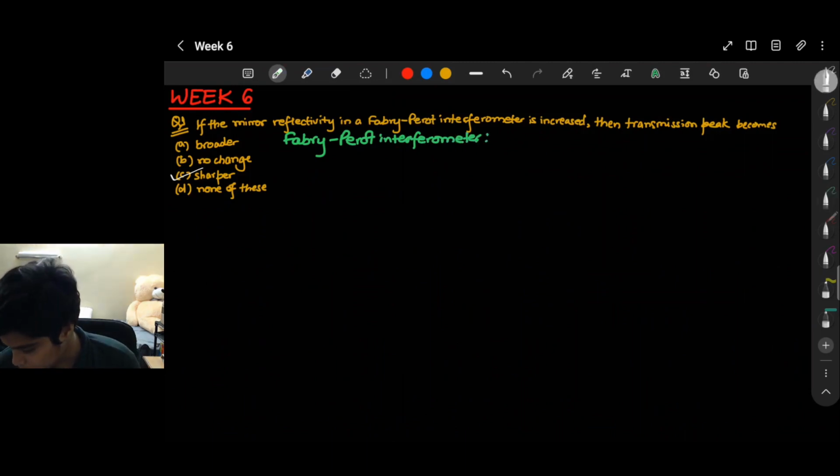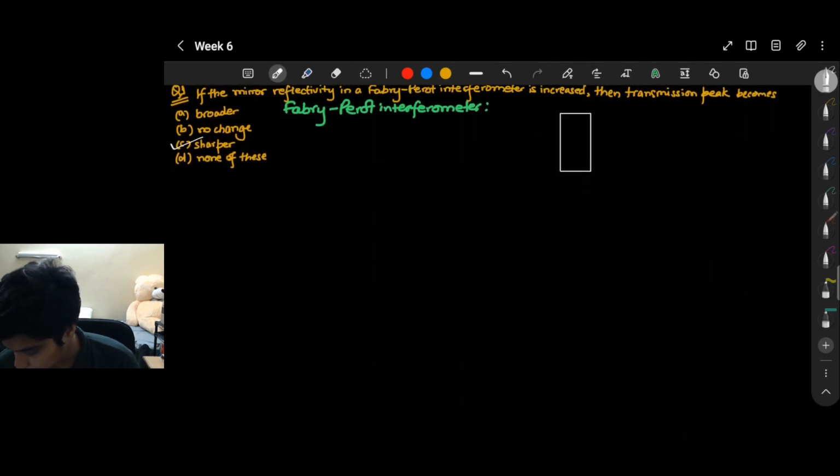And for that, let us draw it over here. So this is the Fabry-Perot etalon. And let us say I have an incoming input beam like this. Let me draw the arrow. This is the incoming beam.